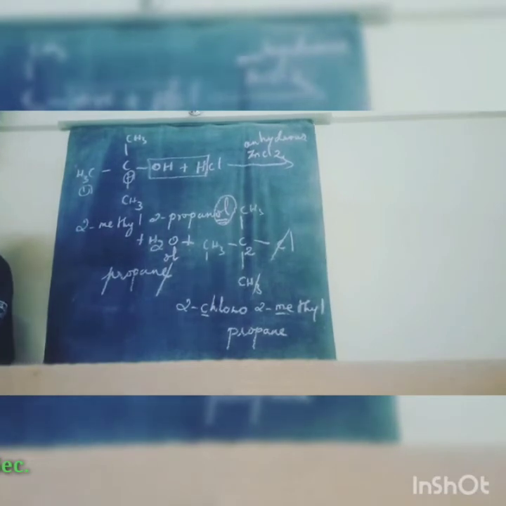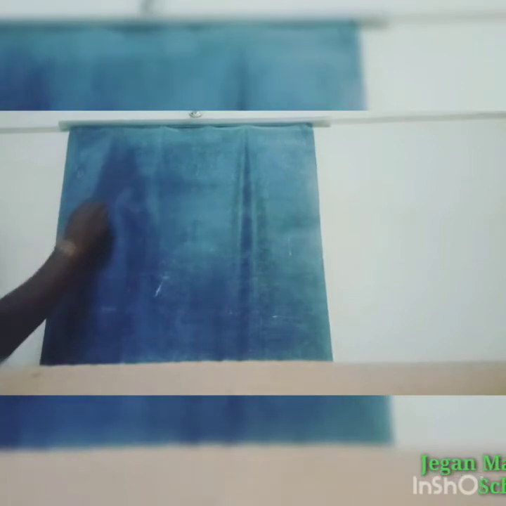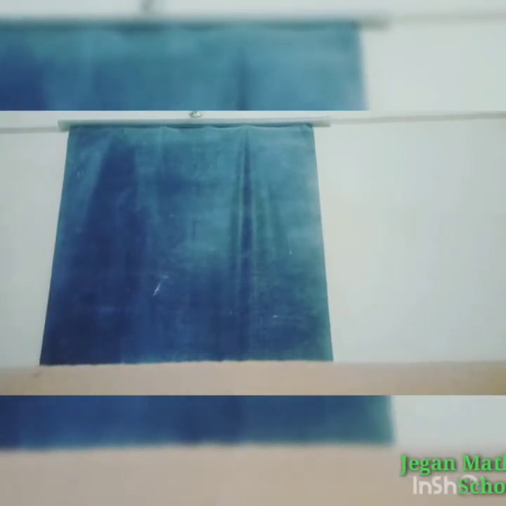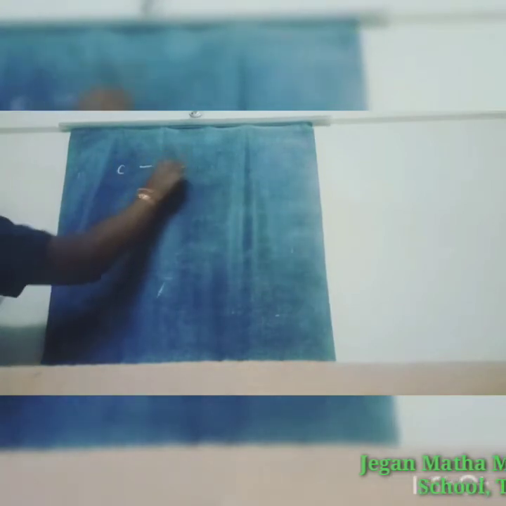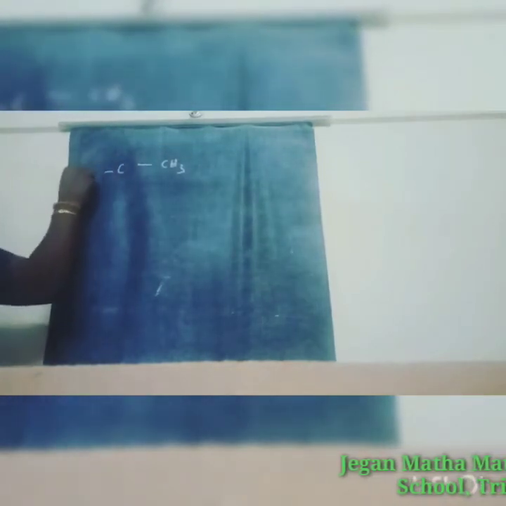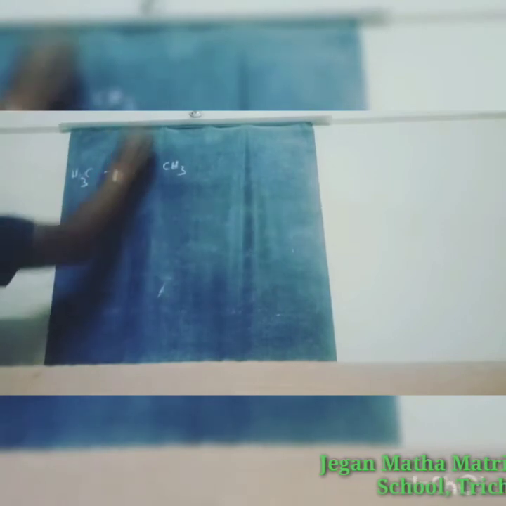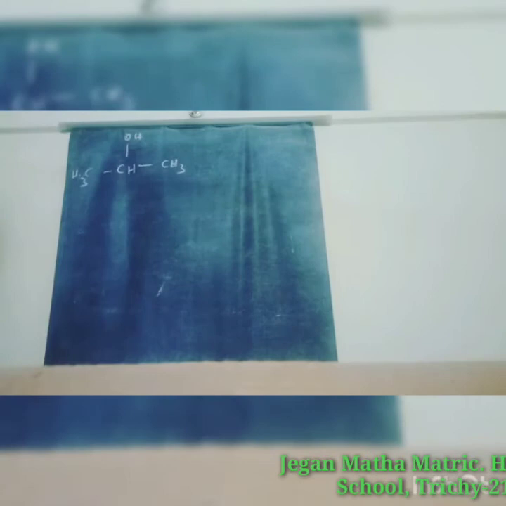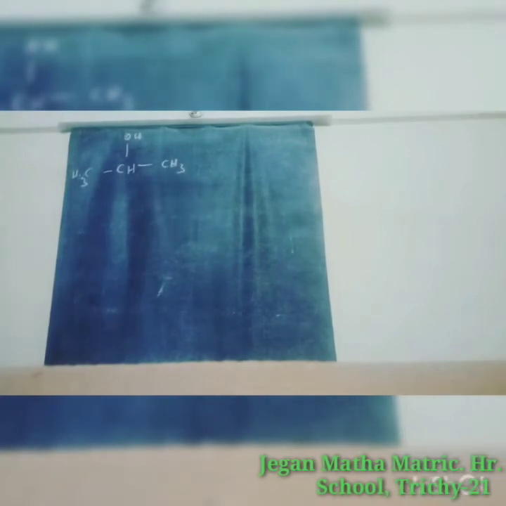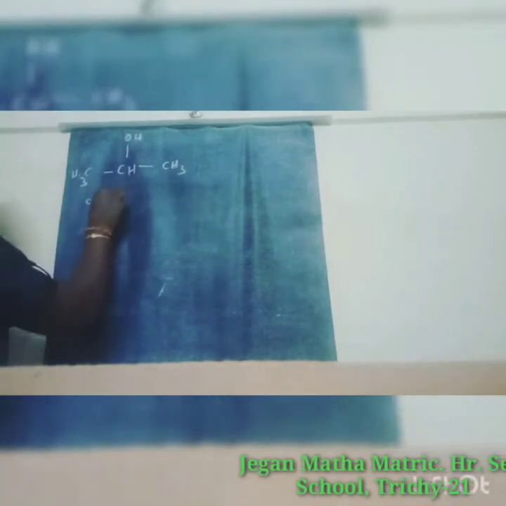And next one is 2-propanol. 2-propanol means around the carbon a methyl group is present. So here CH3, here also CH3 and here OH. The carbon balance is 4, but only 1, 2, 3 are present, so here hydrogen. So this is known as 2-propanol.